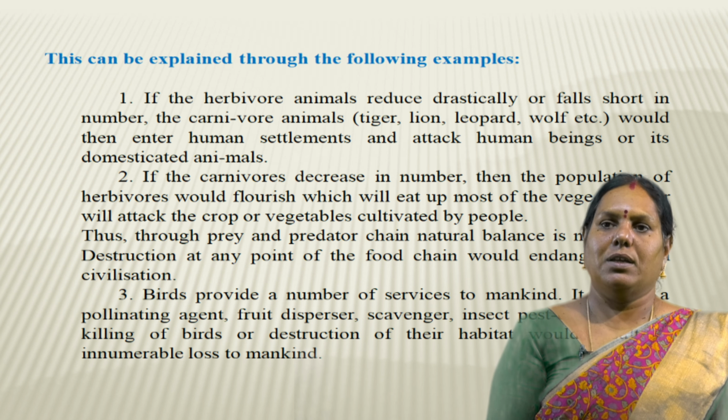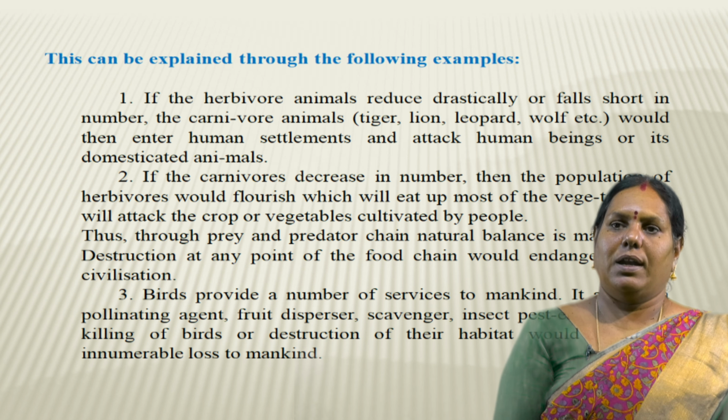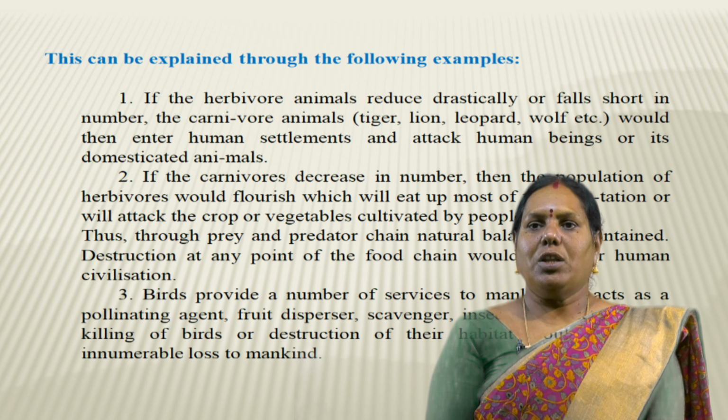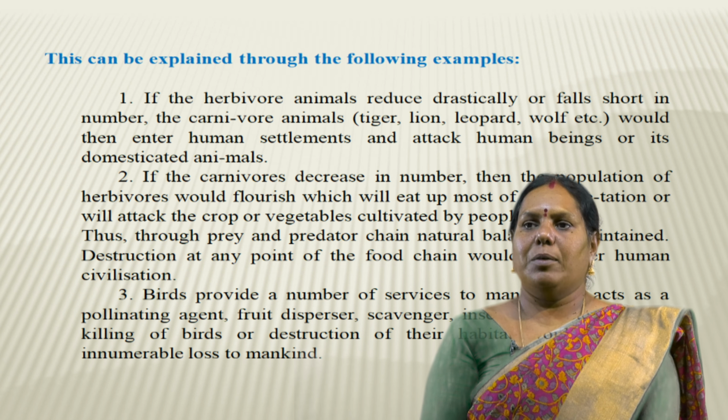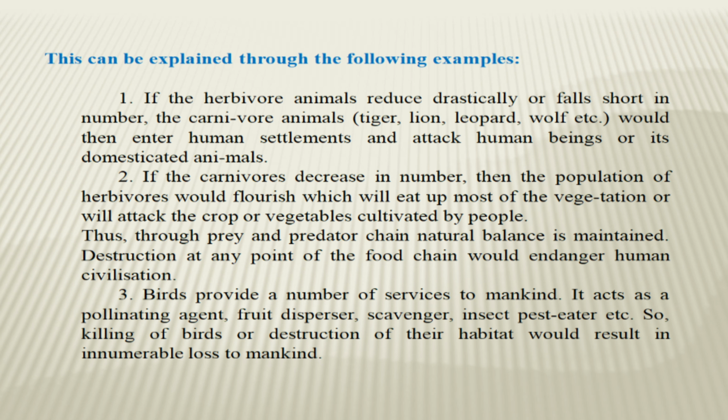Yesterday it happened in Tirupur city. One leopard came and attacked the people. If the carnivores decrease in number, then the population of herbivores would flourish, which will eat up most of the vegetation or will attack the crop vegetables cultivated by people. Thus, through the prey and predator chain, natural balance is maintained.